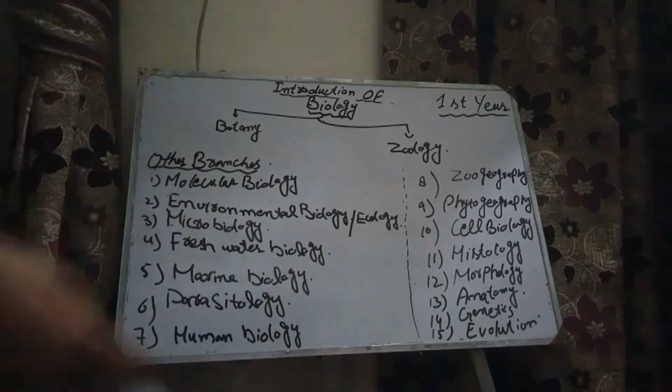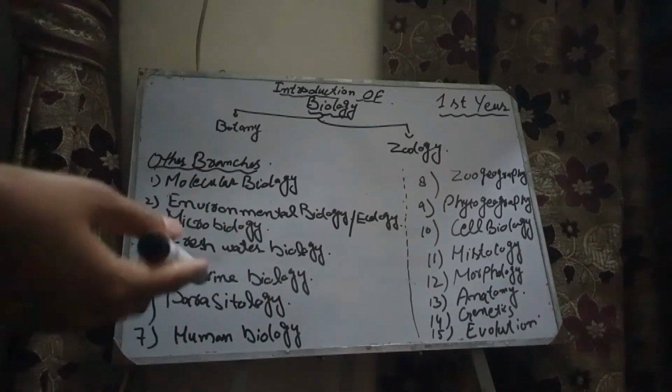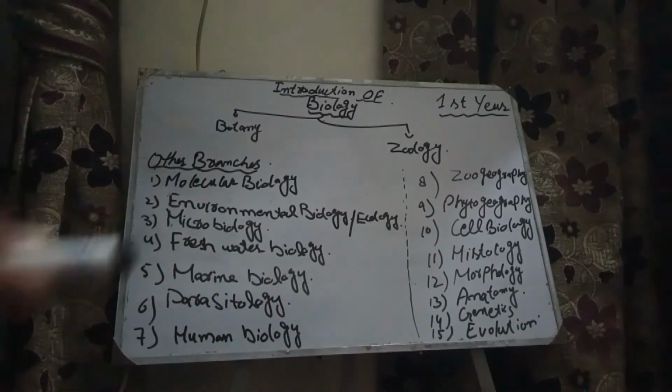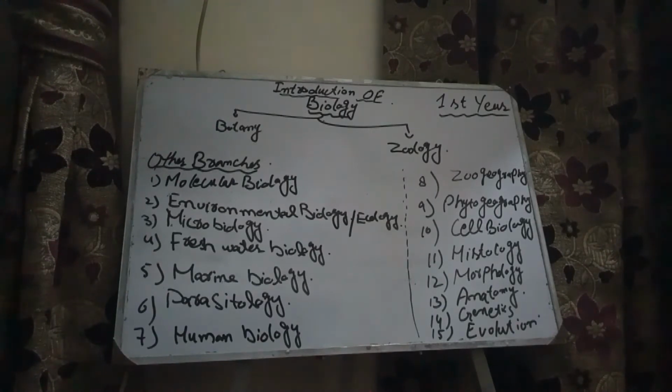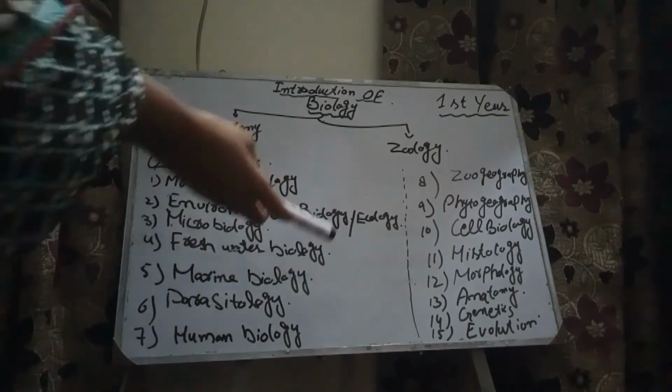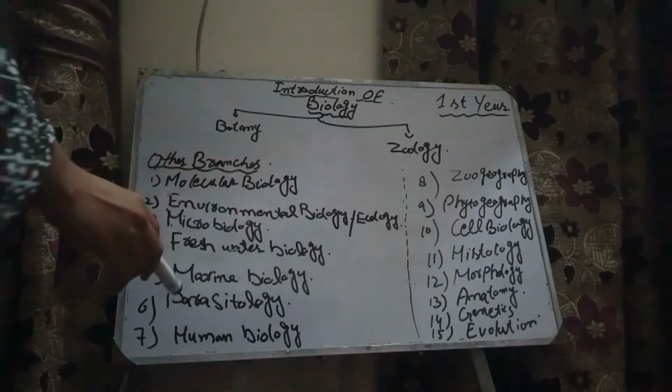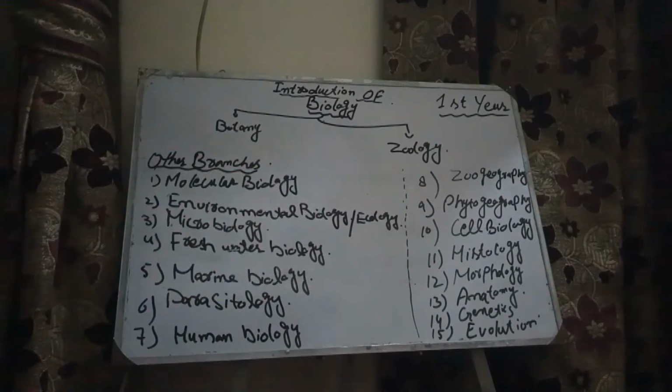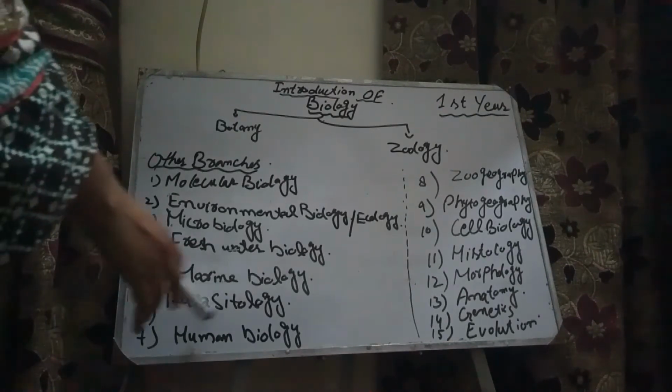And marine water is sea water, ocean water, where the salt concentration is at a high level, or the water is more concentrated due to presence of salt. So the study of living organisms in freshwater is called freshwater biology, and the study of organisms in marine water is called marine biology.